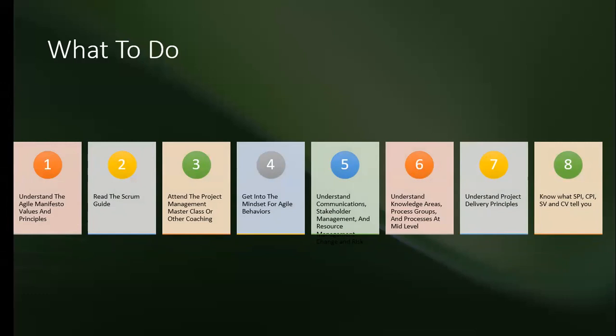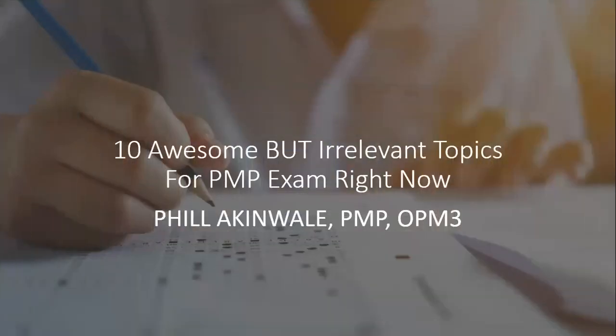Number 7, understand project delivery principles. These are in the 7th edition, but understand them at a sufficient level. It's not rocket science. Number 8, know what SPI, CPI, SV, and CV tell you. Now, what informed this is what a lot of students have been saying. 2 of my PMP gurus said, Phil, I got out of the PMP exam with 2 hours to spare.